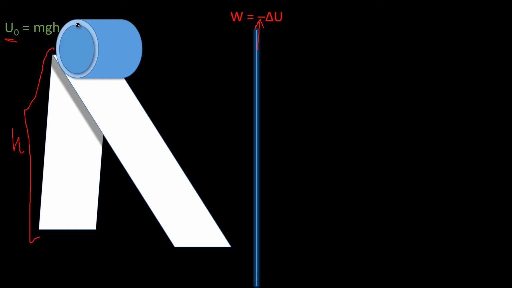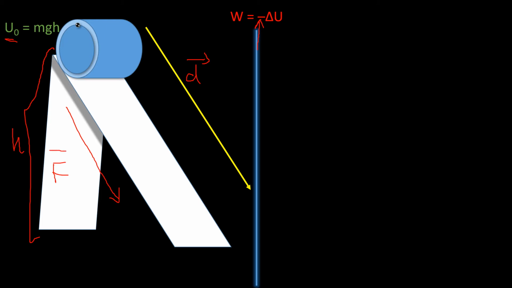So I can say that its initial potential energy is mgh. Now, when it rolls down, which force is responsible? Mg sine theta. And in which direction is that mg sine theta acting? It is acting downward. So when it rolls down, its displacement is downward, and the force responsible for the displacement is also in the downward direction.